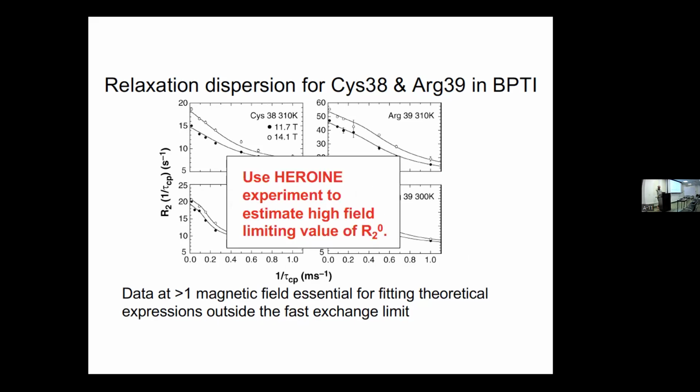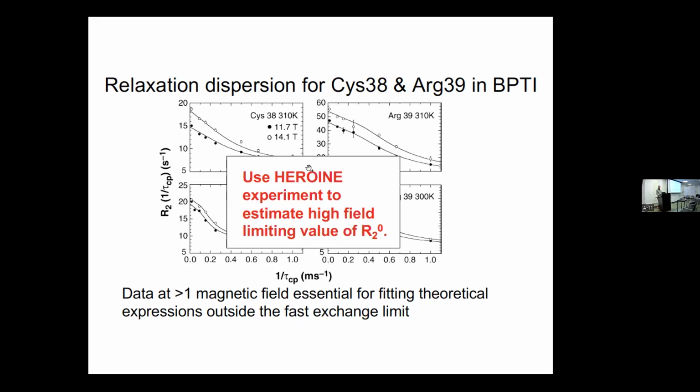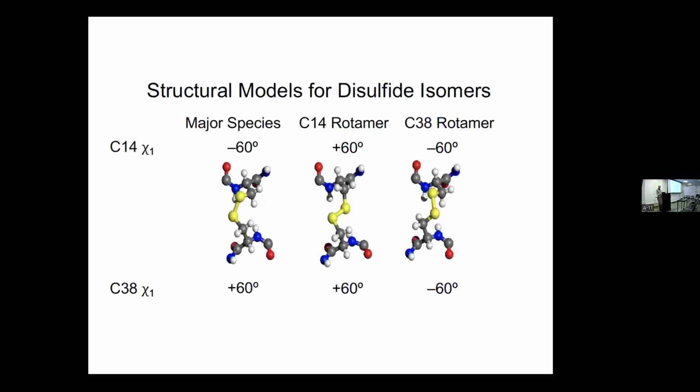It's nice to know the plateaus here. In these data, the plateau value, just the R2 naught from dipole and CSA, was a fitted parameter. Sometimes that plateau is pretty well determined and sometimes it isn't. There are now experiments like this HERON experiment from Christian Griesinger for estimating R2 naught, so that becomes a known rather than a parameter you have to fit.